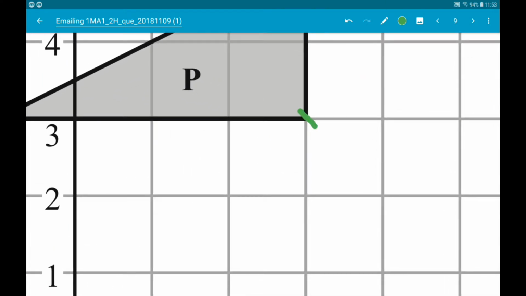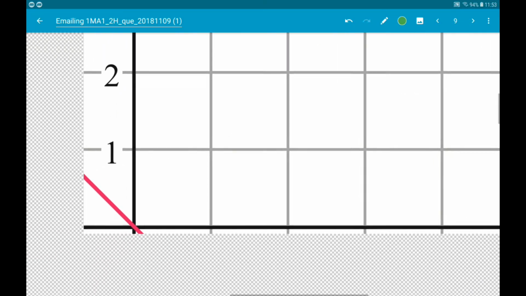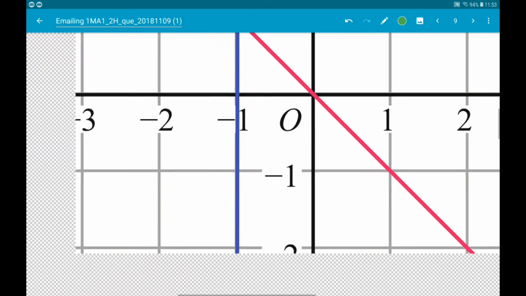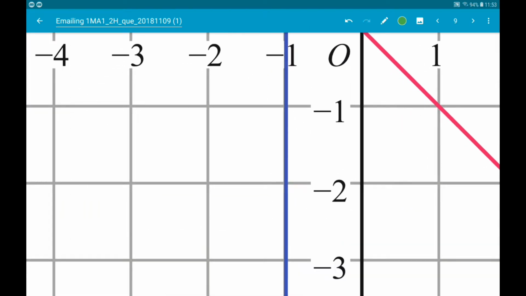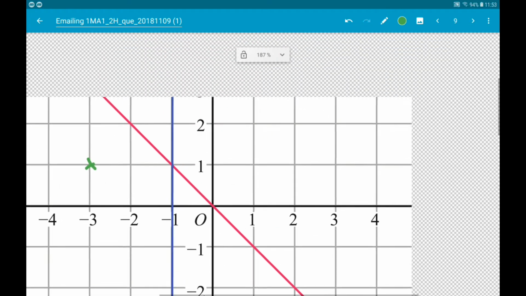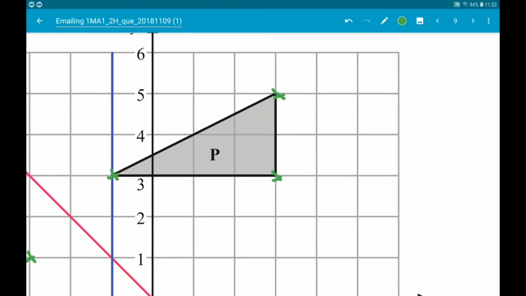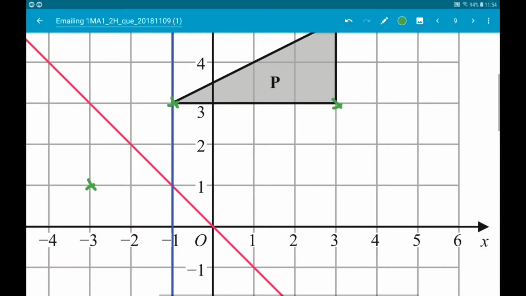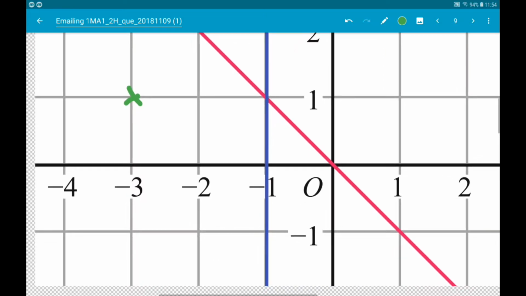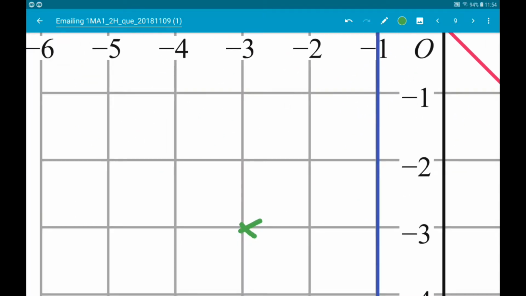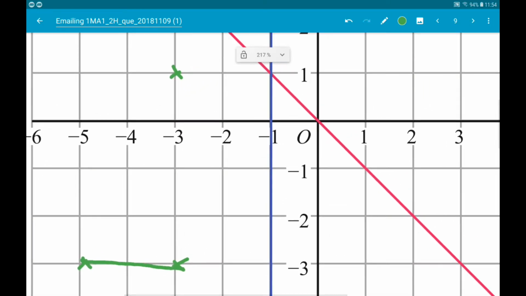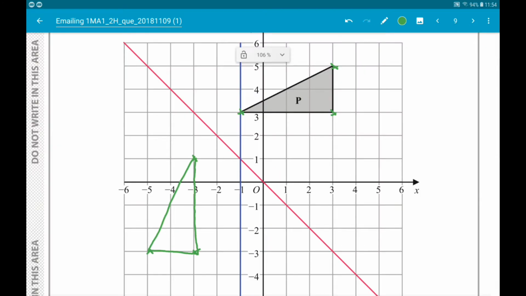This point is 1, 2, 3 diagonal squares away, so it goes 3 diagonal squares to the other side, and then this guy is 1, 2, 3, 4, so there's 4 on the other side, so that's going to be that. So this is triangle Q.